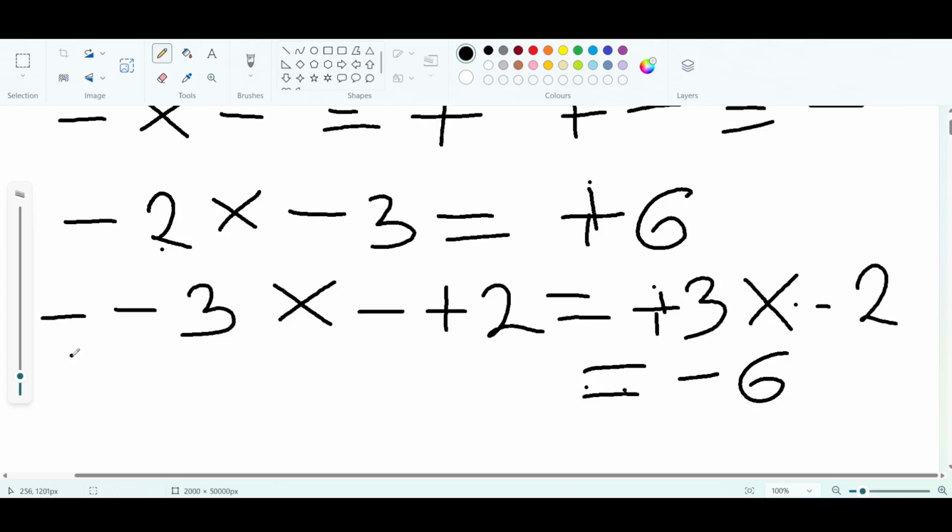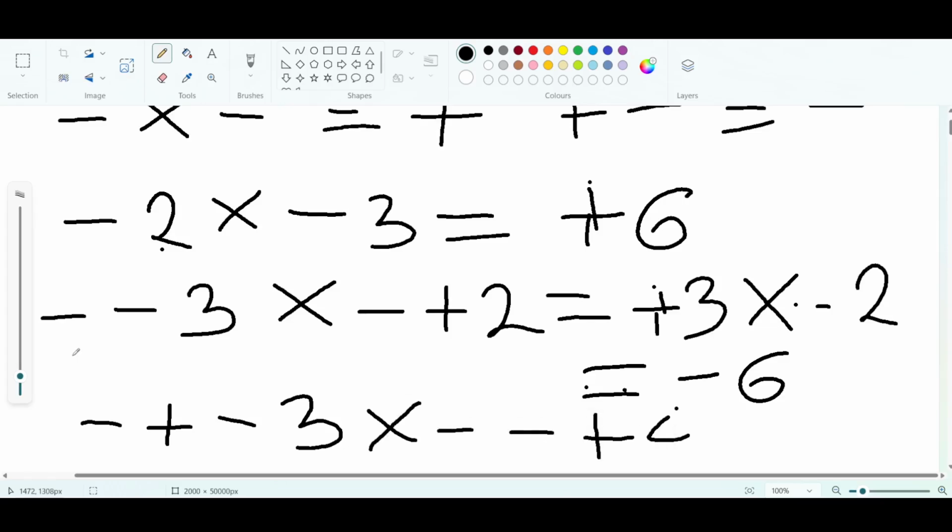So let's look at another example: minus plus minus 3 times minus minus plus 4. For the final answer, just count the number of minuses: 1, 2, 3, 4. You don't need to count the number of pluses, just the number of minuses.